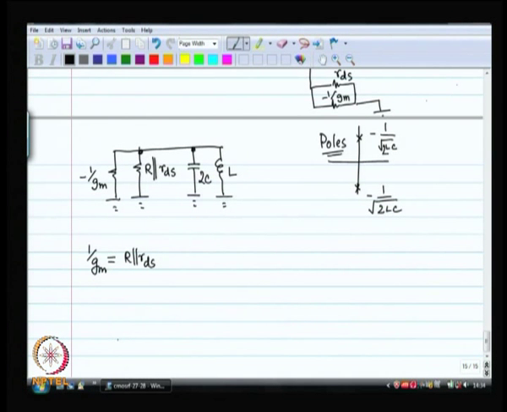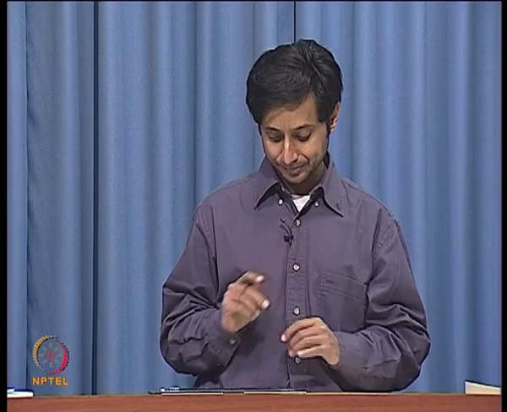How do I make this equal? This is problem 1. Problem 2 is, when the poles are on the j omega axis, fine, the system oscillates at a frequency of 1 by square root of 2 LC.